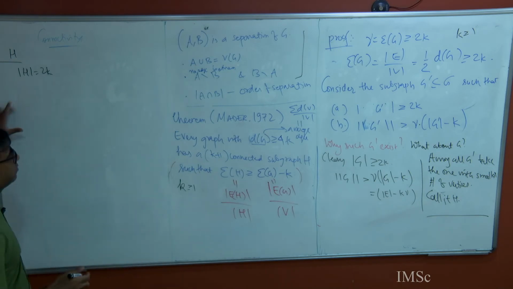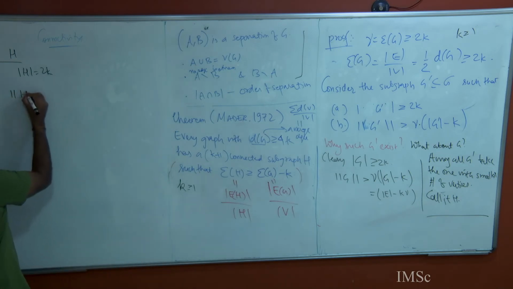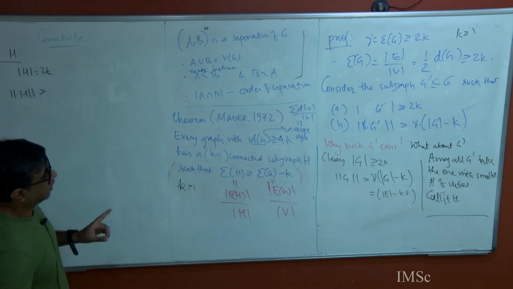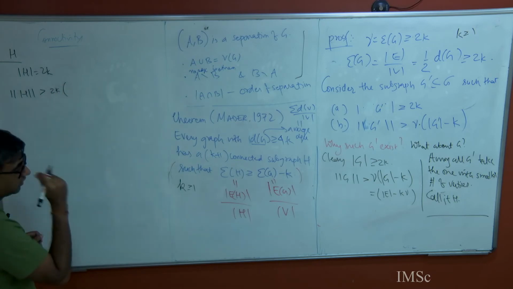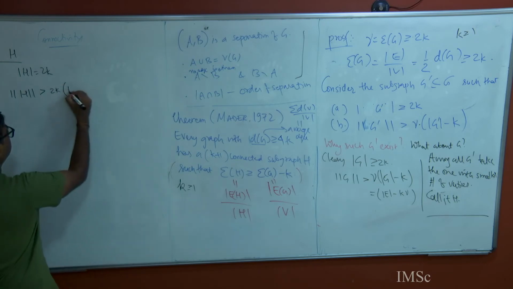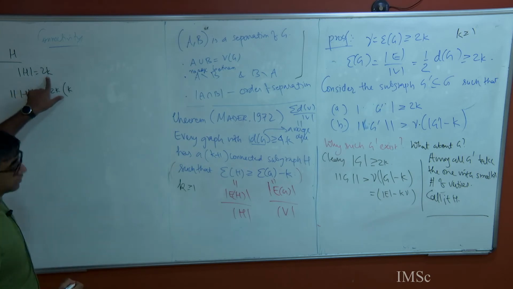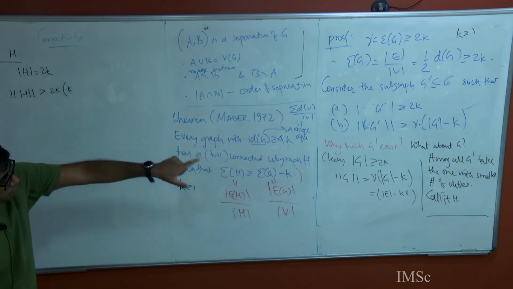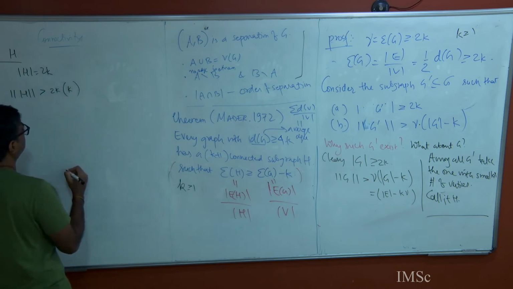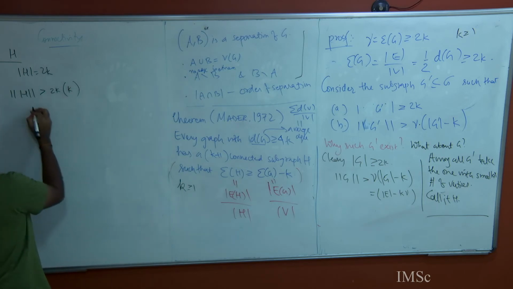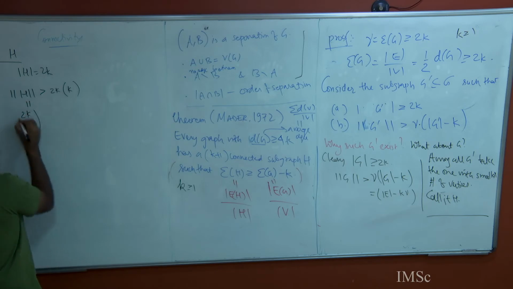Let's see how many edges are there in H. This is at least gamma times k, which is at least 2k times k, because H has size exactly equal to 2k. So how many edges can this graph have? 2k choose 2.